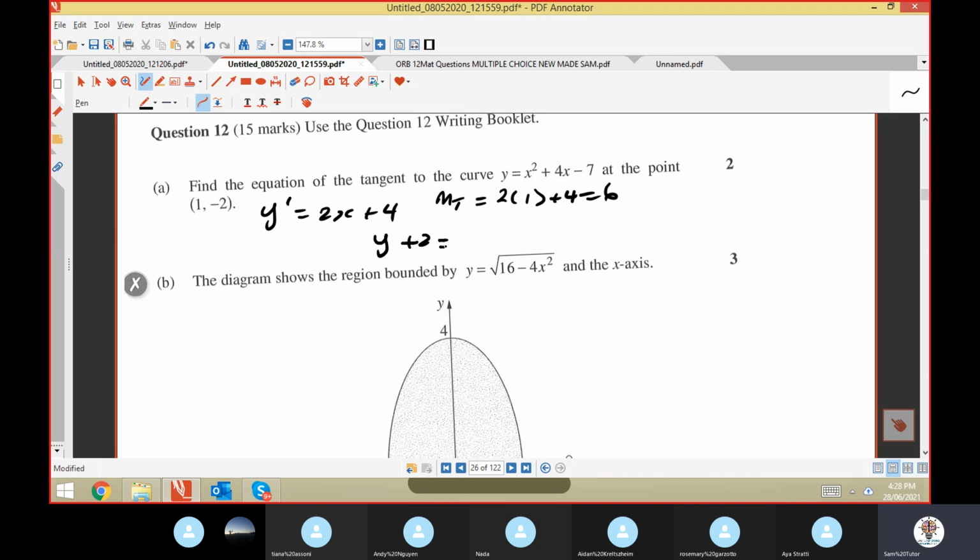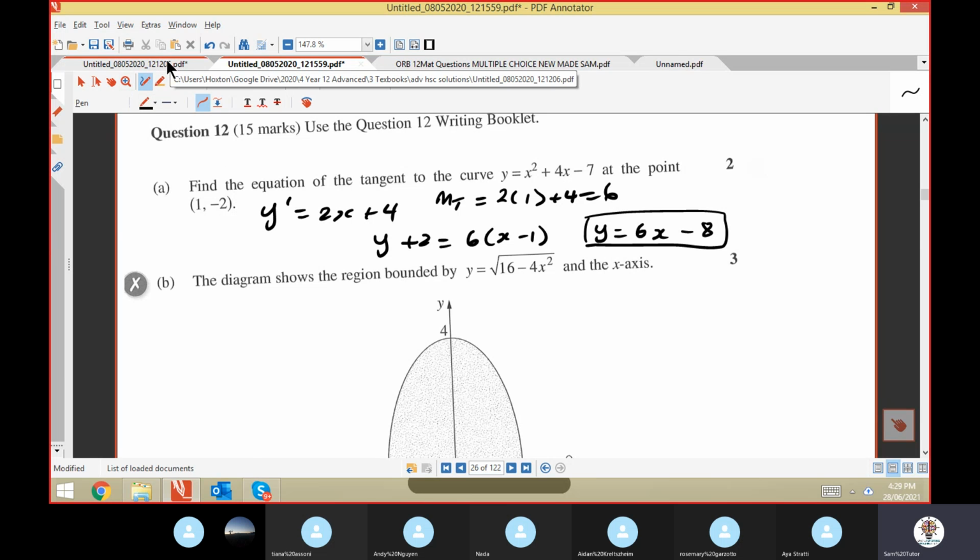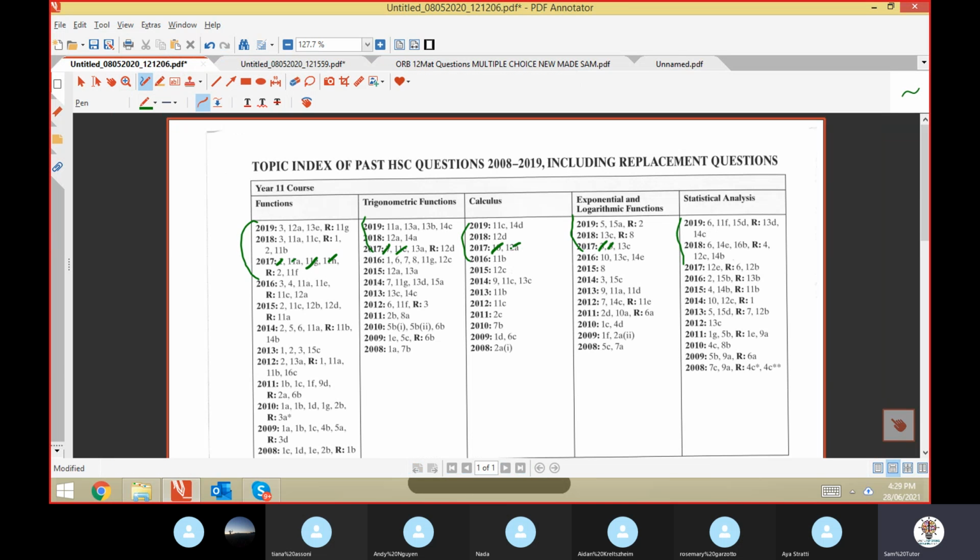Y minus y1 equals m, x minus x1. 6x minus 6 minus 2 is minus 8. Any questions there? 12E.